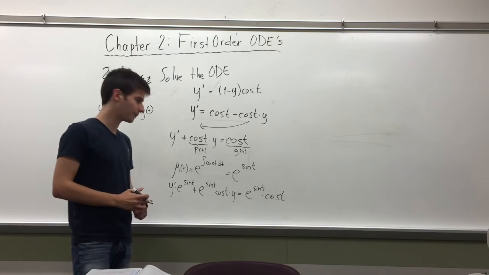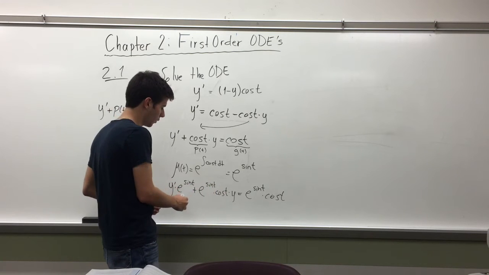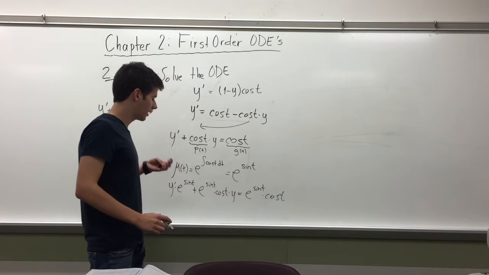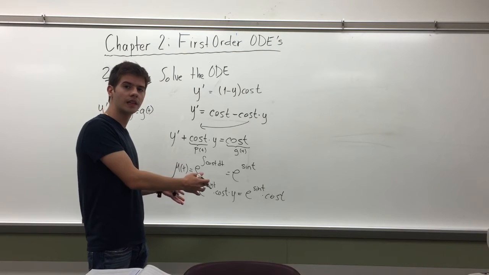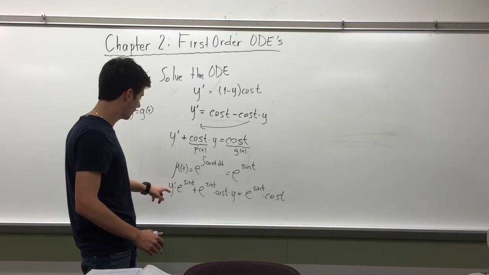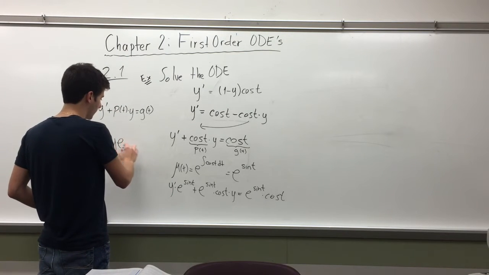Like I said before, doesn't this seem familiar to you? When we look at this expression on the left-hand side, can't we notice that this represents a derivative? Let's say we have y and e to the sine of t.